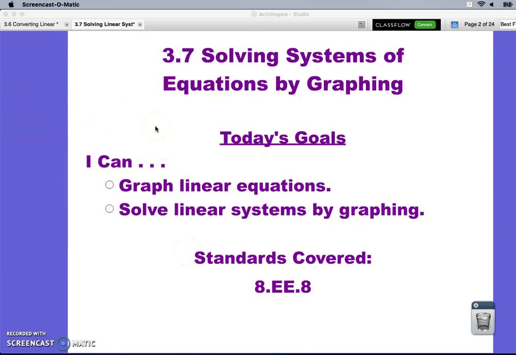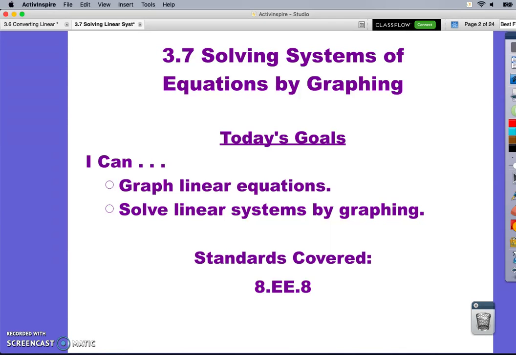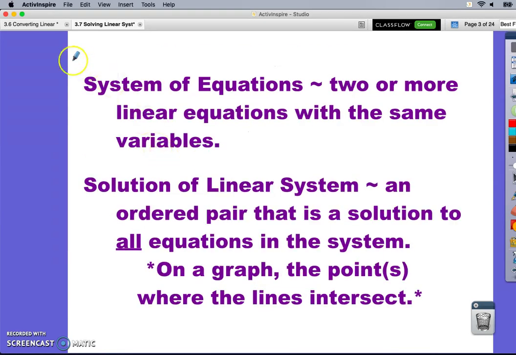We are going to be starting 3.7, solving systems of equations by graphing. A system of equations, first we should define that, is two or more linear equations with the same variables.